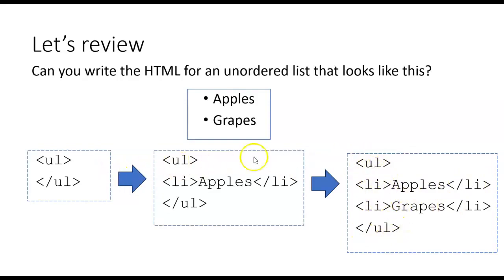So I did not get confused over the difference between UL and OL. I remembered that every list item is designated by the list item tag, and I just took it one step at a time.